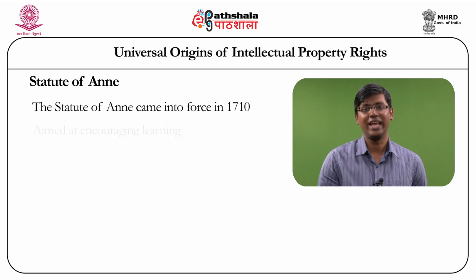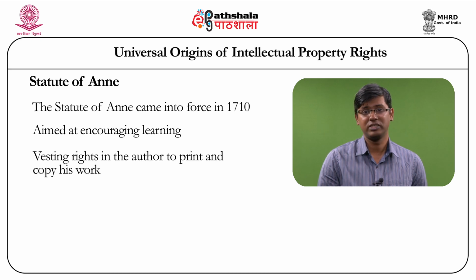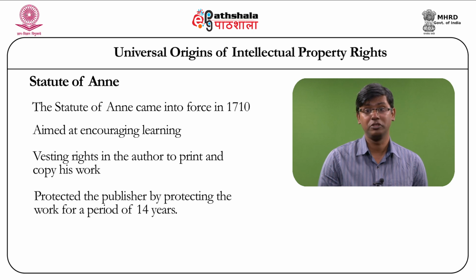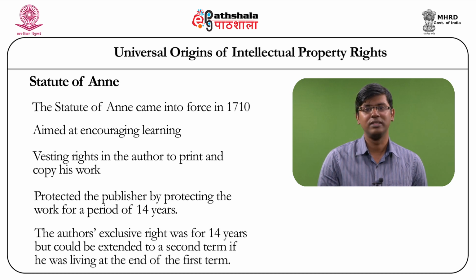It was largely aimed at encouraging learning. It started to vest rights in the author to print and copy their own works. It basically protected the publishers by protecting whatever they published for a period of 14 years. The author's exclusive right was largely for a period of 14 years, but it could be extended to a second term of 14 years if the author was alive by the end of the first term.